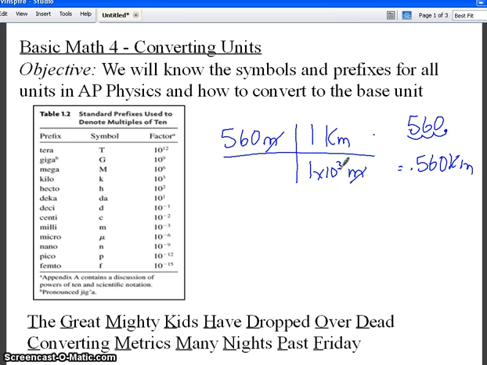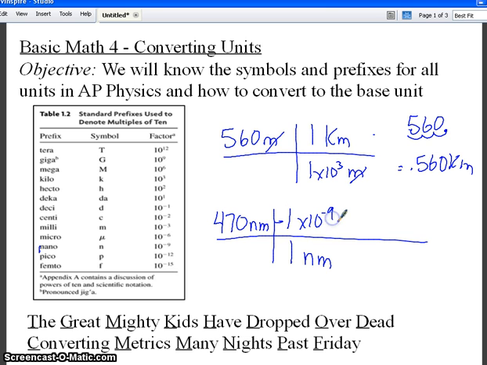I'll do another one here. What's common? Let's do light. Let's do 470 nanometers is how many meters? 470 nanometers is a wavelength of light. We'll learn about that later. How many? Well, 1 nanometer is equal to 1 times 10 to the negative ninth meters, because I get that right here.